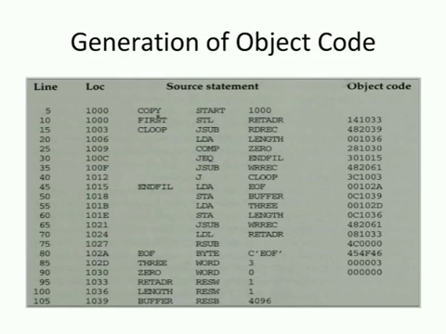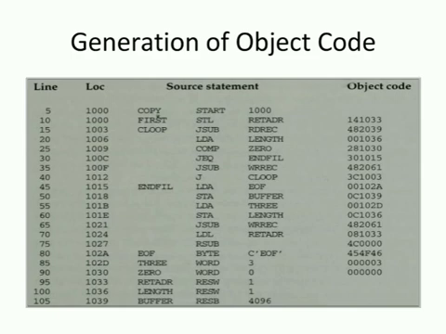Now, as I told you before, your SIC machine has an instruction length of 3 bytes, that is, 24 bits. So each address will be incremented by 3 bytes for each instruction. For example, 1000. For the next instruction, the location counter will be incremented by 3, that means 1003.